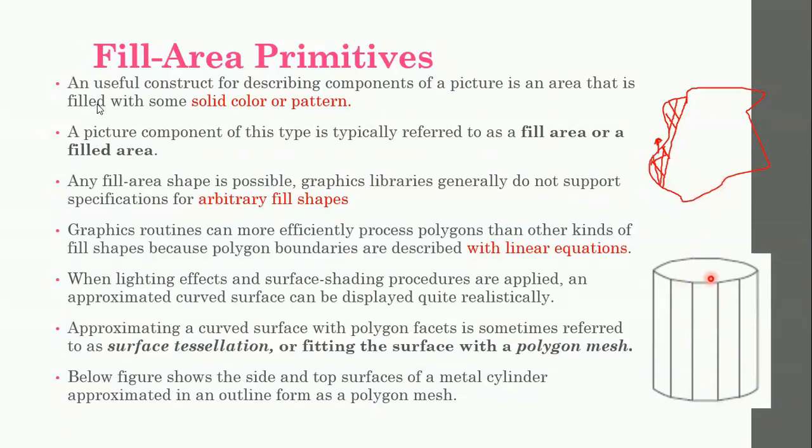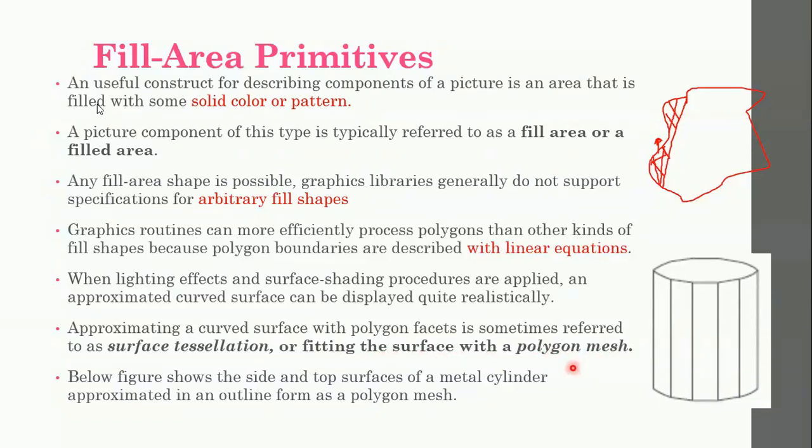If you want to show a lighting effect, you have to shade the regions. If you keep a light above, then you have to show the lighting effect there, and the shaded area should be below the cylinder. Approximating the curved surface with polygon facets is sometimes referred to as surface tessellation, or fitting the surface with a polygon mesh.